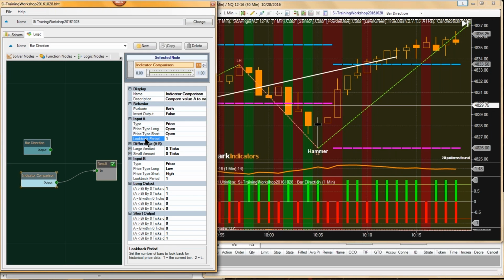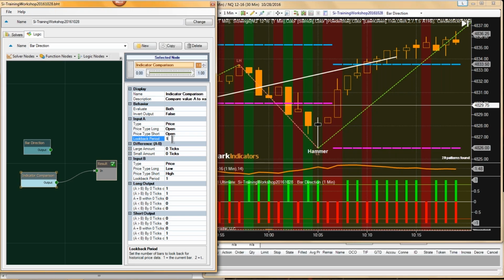All right, Wave has a question about programming. He's asking, in BloodHound the current bar is 1, and in NinjaScript the current bar is 0. Is that correct? No, that's not correct, actually. NinjaTrader has different ways of indexing the bars. You'll notice this says a lookback period, and NinjaTrader's lookback period index starts at 1.